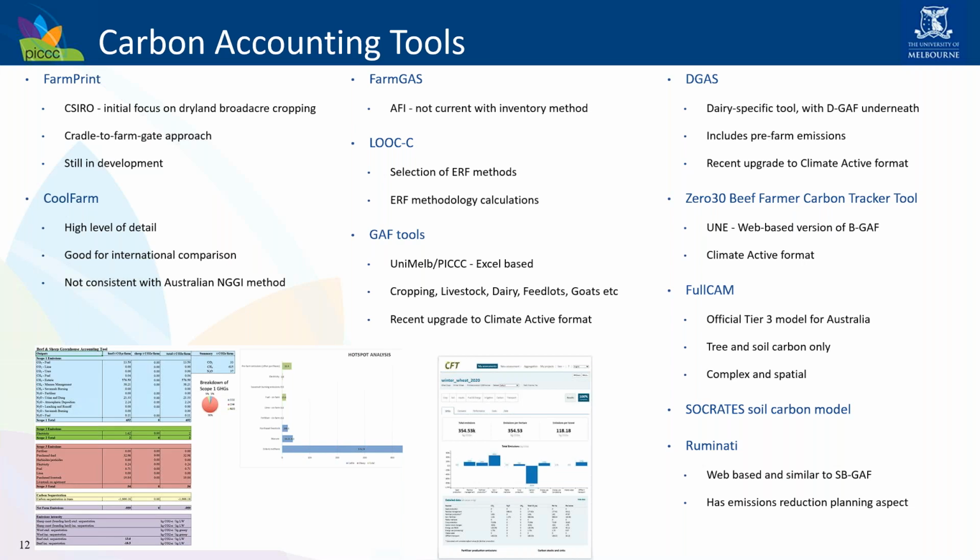So if you are a horticulturalist, I would recommend that tool over the GAF one, just because it has a greater number of inputs and a greater number of crop types and things like that. So it is very good, but it is linked on the PIC website as well. So if you go there looking for it, you should be able to find it.